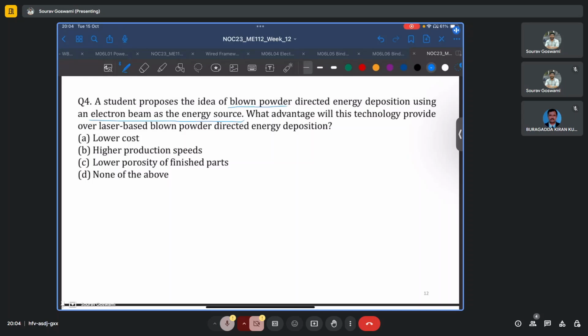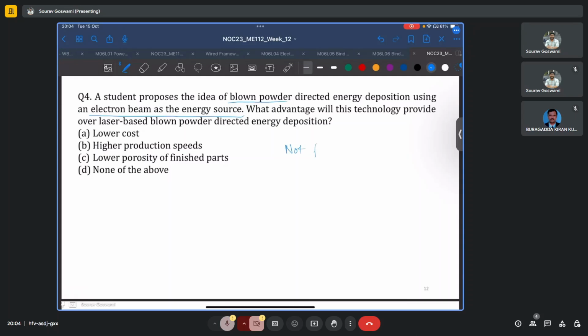This is the reason why we maintain vacuum. So it is not feasible to have a blown powder DED process using an electron beam because your electron beam will simply get scattered away. So none of the above are true.